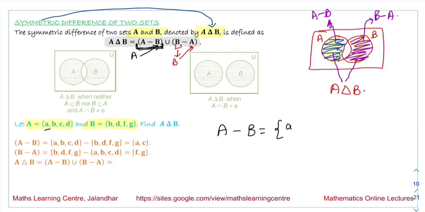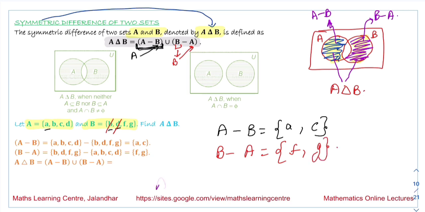Then we are left with c, and d is also removed because it is present in B. Next we have to calculate B minus A. B minus A means from B we have to remove those elements which are present in A. So b is present in A, d is present in A, f and g are not present in A. So the answer we get is f and g.